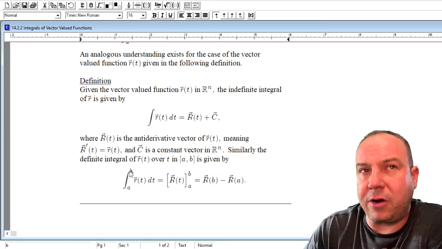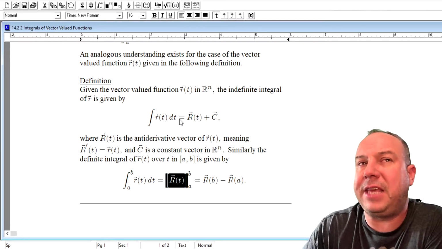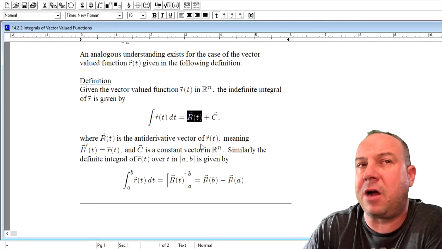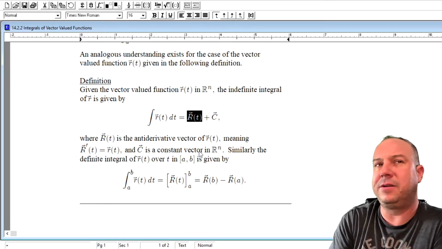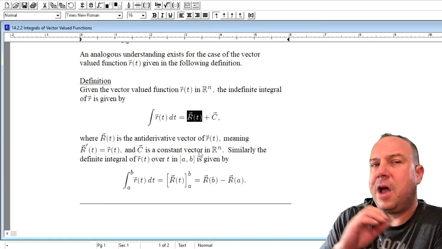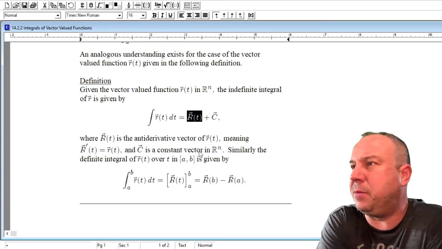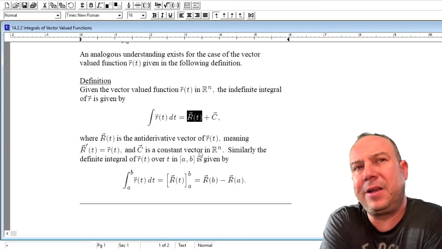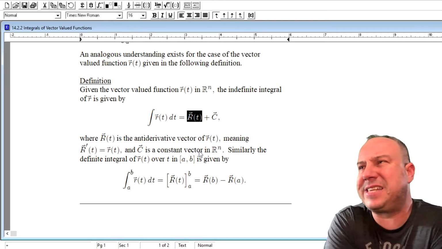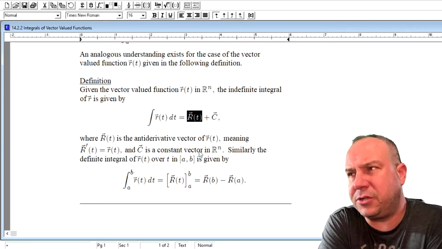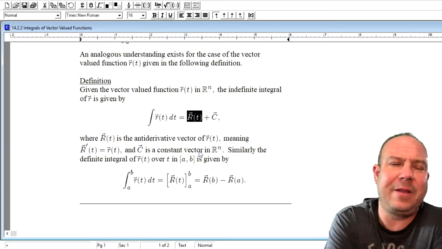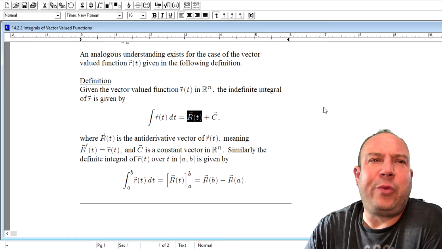Where what we are going to do is evaluate the antiderivative of little r bar, which is itself a vector, across those bounds from a to b, right? Much like we did with the scalar value case for the function.